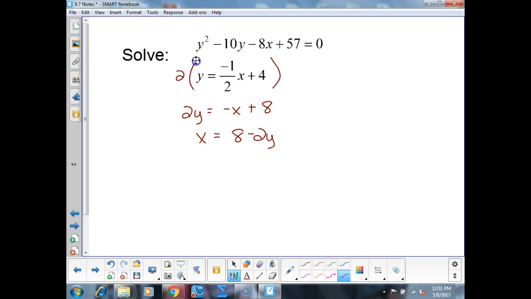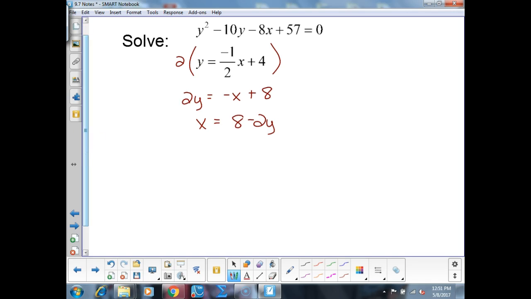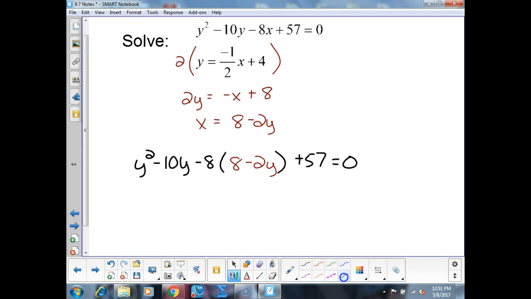So this becomes y squared minus 10y minus 8 times 8 minus 2y plus 57 equals 0.